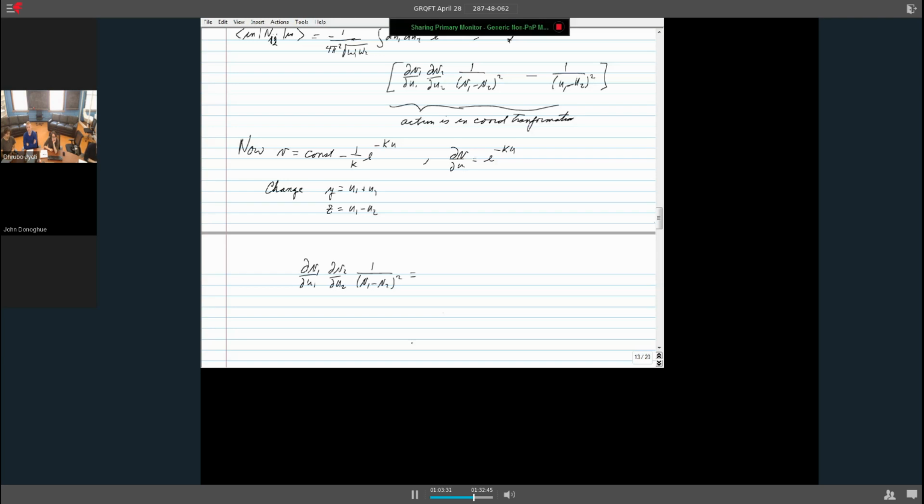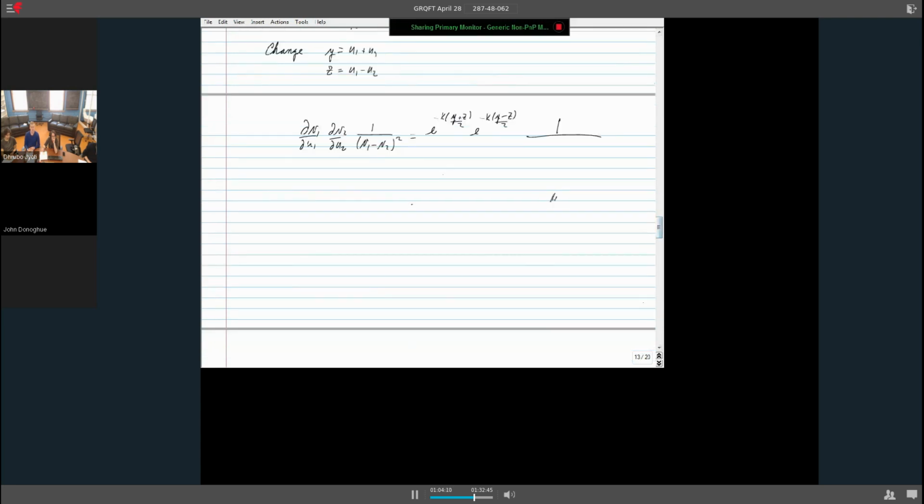If you change to y is u1 plus u2, z is u1 minus u2, all right, let's just do it enough that you can see where the key stuff comes out.